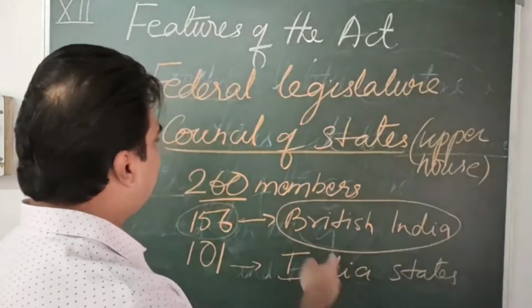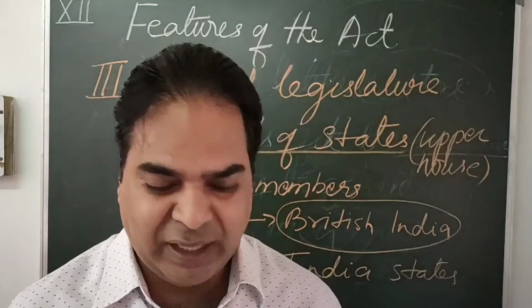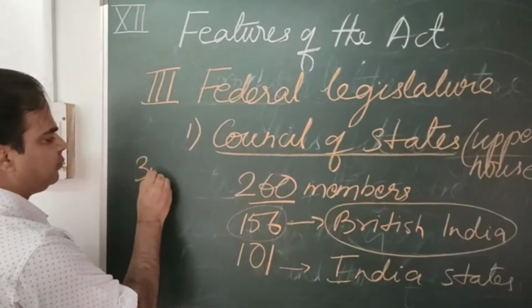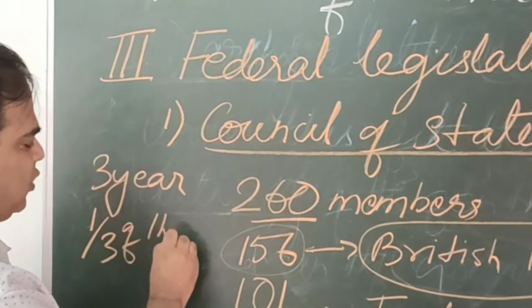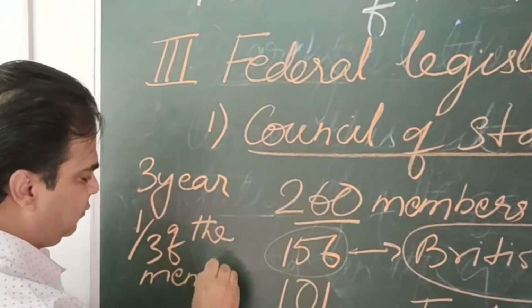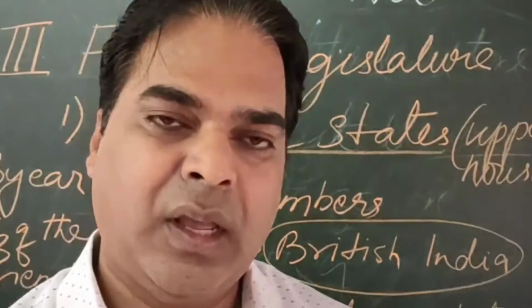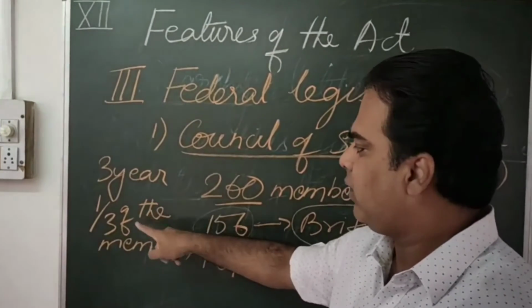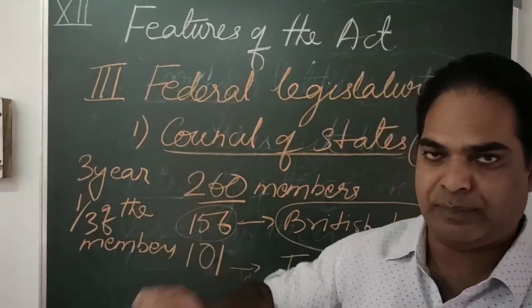Let me tell you once again, the Council of State was a permanent house. Every third year, one third of the members retired and new ones entered, like the present Rajya Sabha.